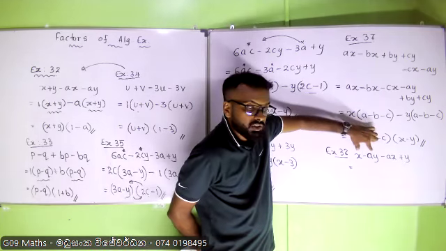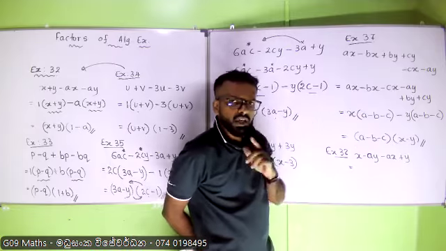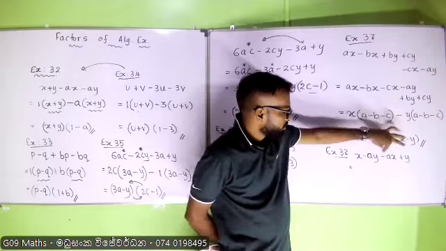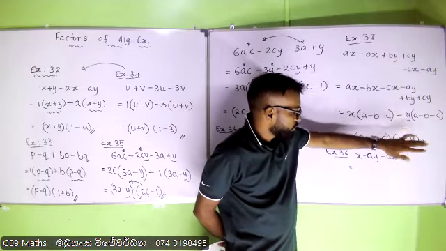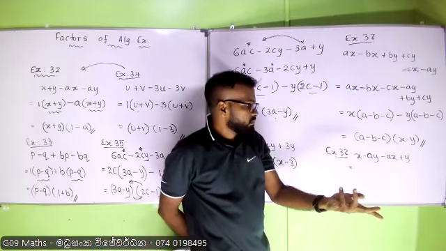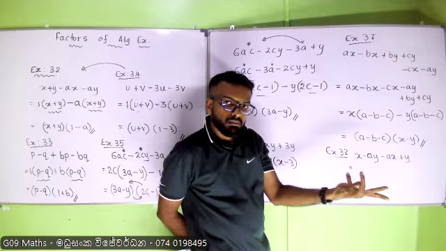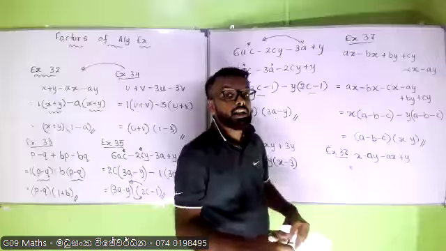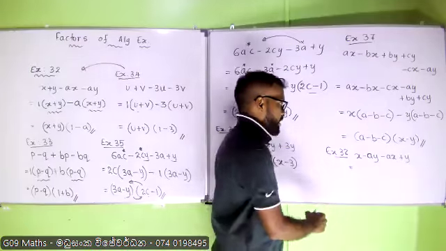When you consider this one, here you have x minus ay, but you cannot identify any common term. And also, if you consider minus ax plus y, no common term. You need to change the terms. You need to arrange this.